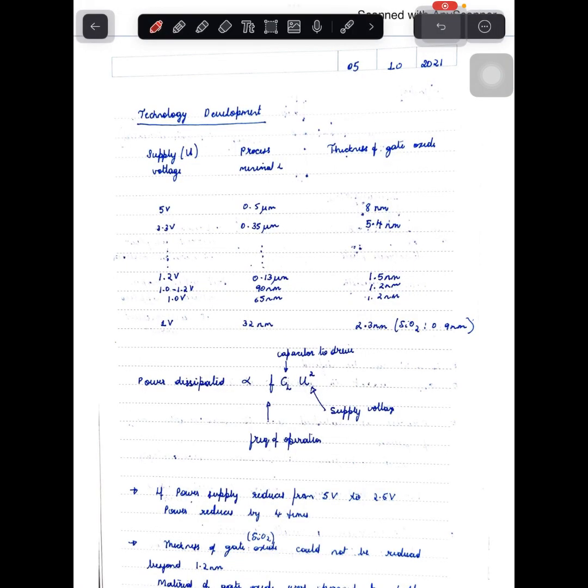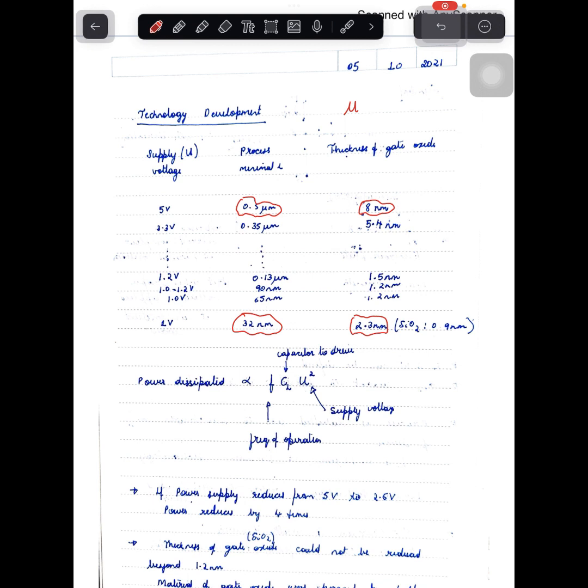So what kinds of lengths, widths and thicknesses are we going to see in this microelectronics chapter? As the title suggests, micro. The lengths are generally in the range of 0.5 micrometer down to 32 nanometer, so it is very small. The thickness of the gate oxide is also very small, from 8 nanometers down to 2.3 nanometers.